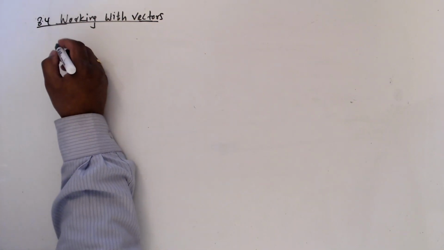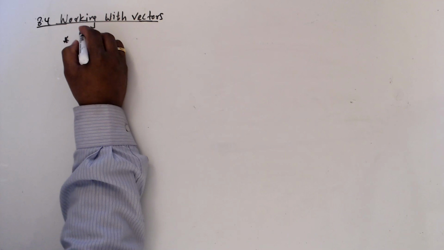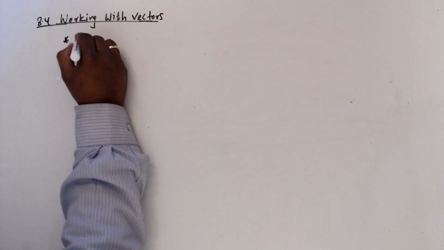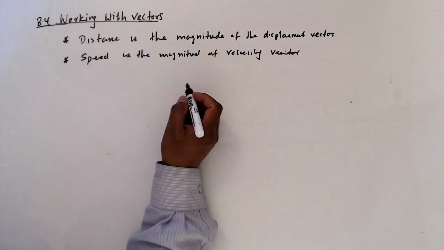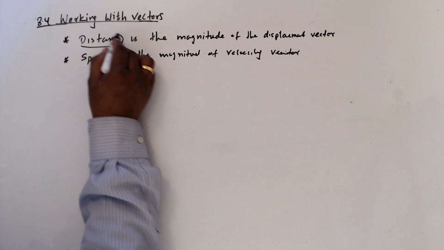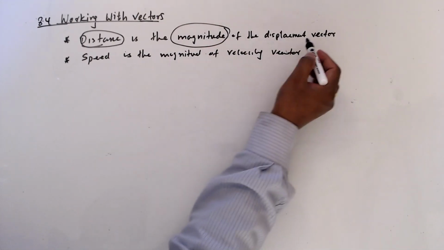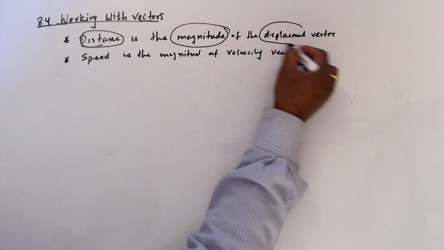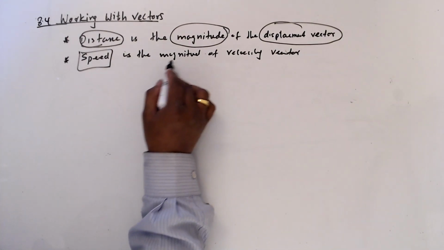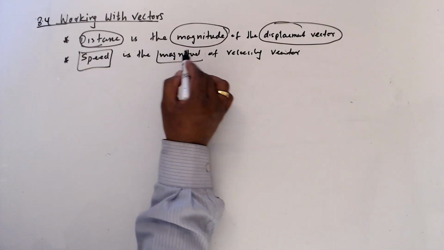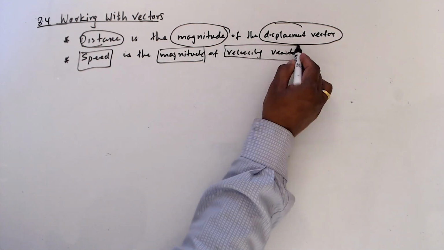Before we go to example 6, we should know two things. Distance is the magnitude of the displacement vector, and speed is the magnitude of the velocity vector.